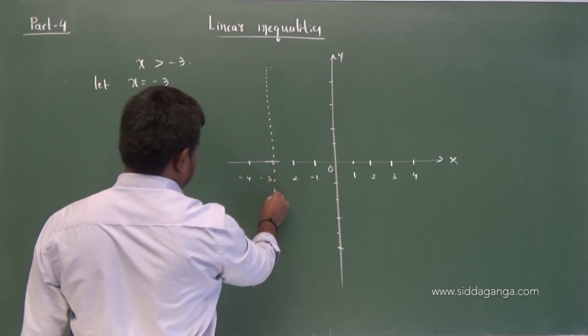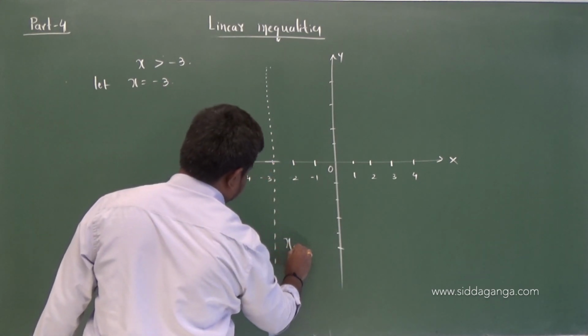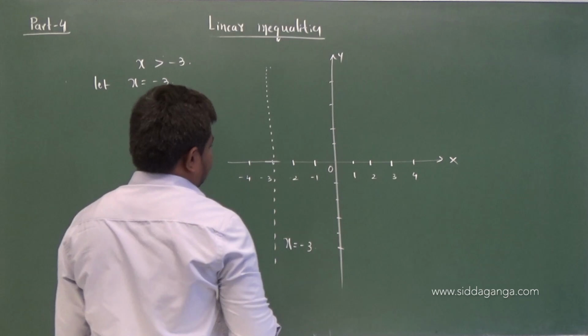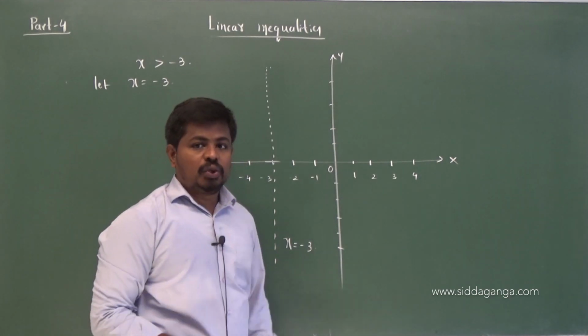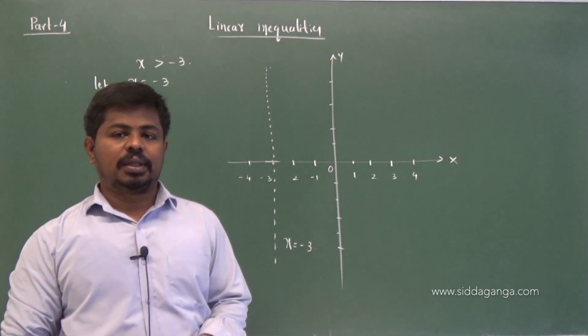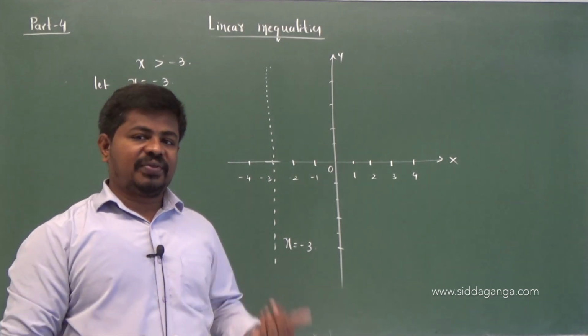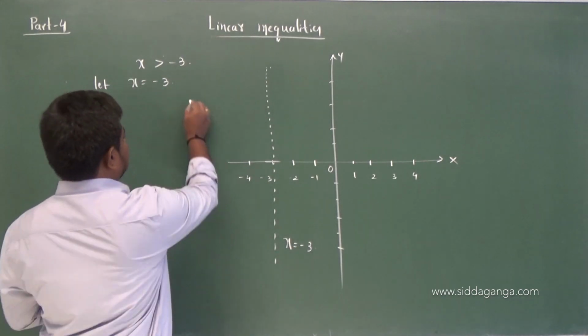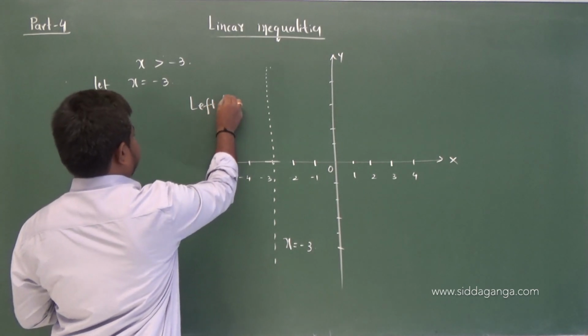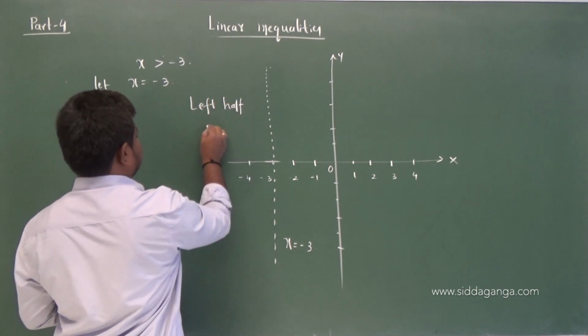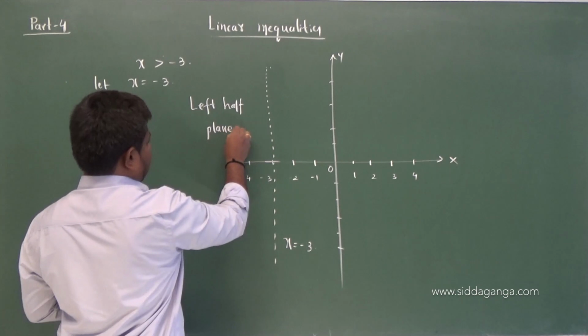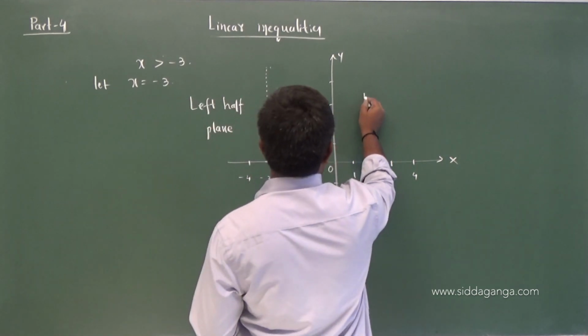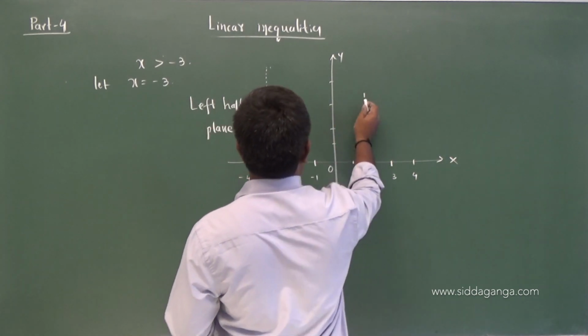This is your line x equal to minus 3. Now, this line divides the plane into two parts, the left half plane and the right half plane.